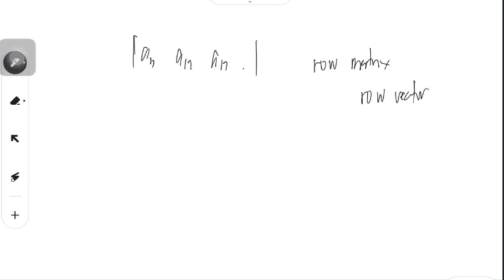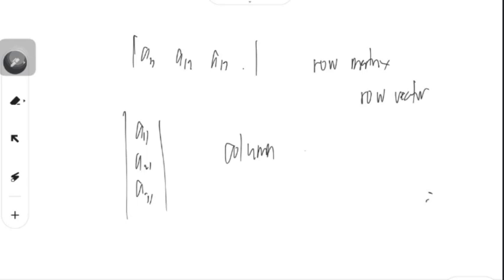Now, if we have only one column, let's say we have here A11, A21, A31, and so on, it is still considered as a matrix. And this is considered as a column matrix, or sometimes as a column vector, no? Okay.